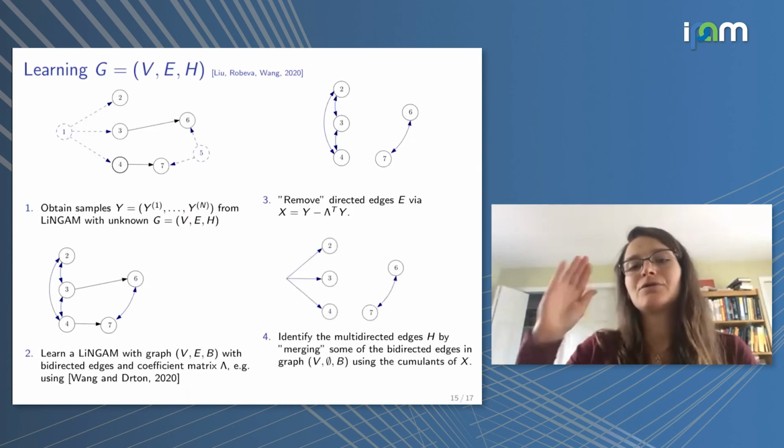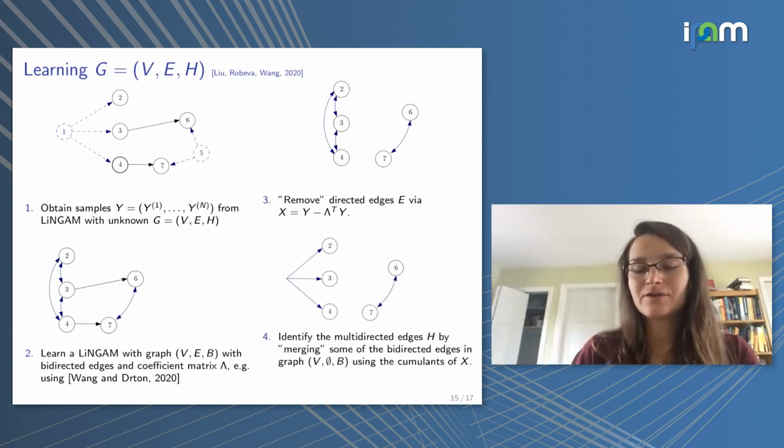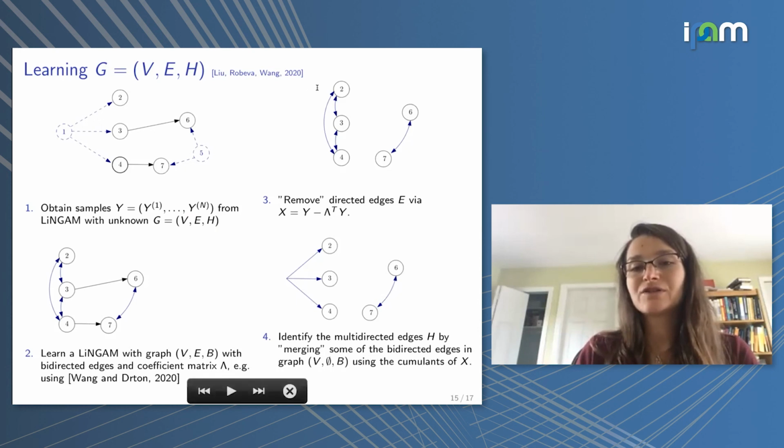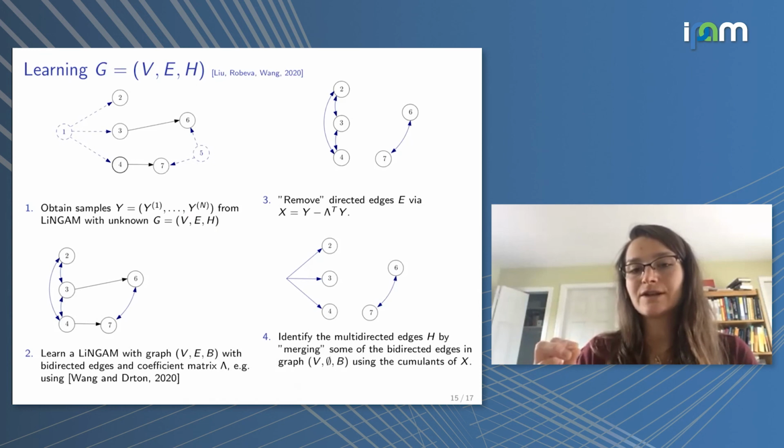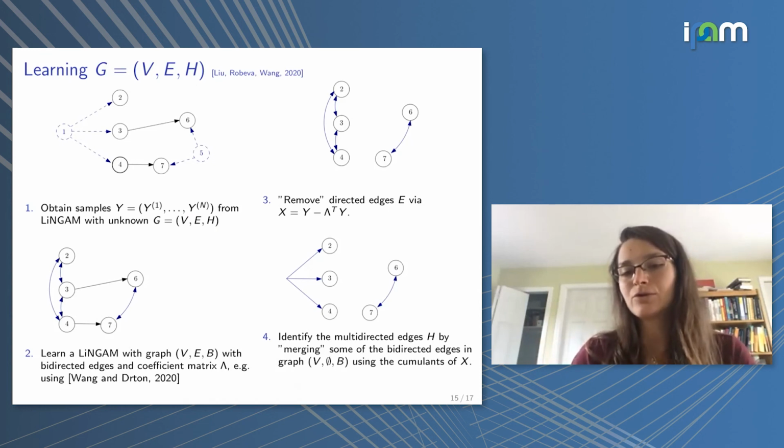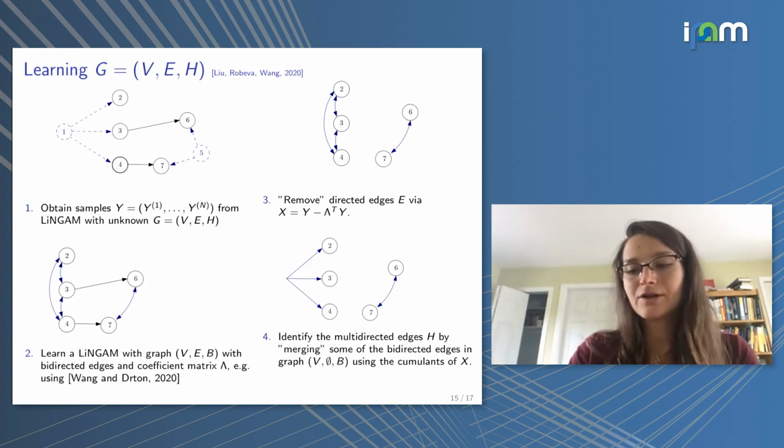And then we're going to use our cumulant theorem from before, just checking if entries of the cumulant are 0, to identify which of these bidirected edges have to be merged together to get a multi-directed edge. So here we use a variant of the Bron-Kerbosch algorithm for learning maximal cliques in a graph.